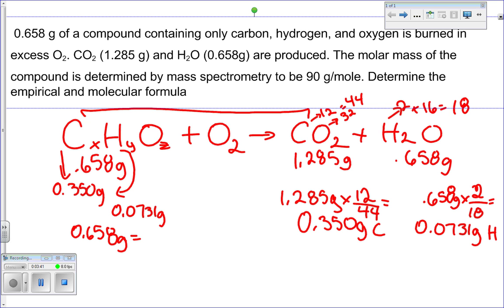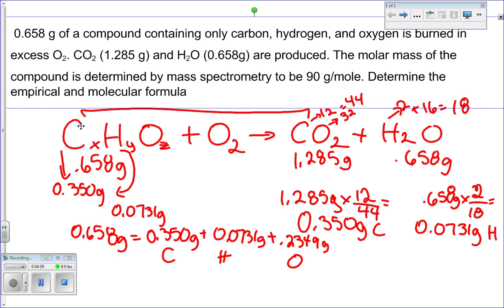It contains 0.350 grams of carbon and 0.0731 grams of hydrogen. To figure out the remainder, which is my oxygen, I add those up and subtract, and that equals 0.2349 grams, and that's my oxygen.